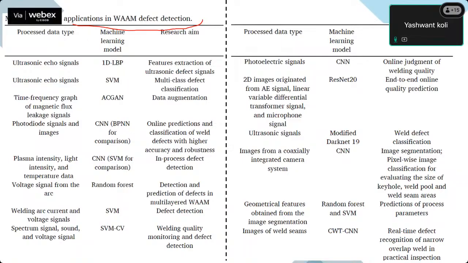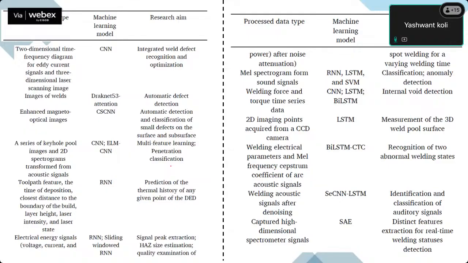So what are the machine learning models that have been used till now? You can see the CNN is there, SVM, many models are there. You can see here. So basically SVM is support vector machine, and RF is also there somewhere.